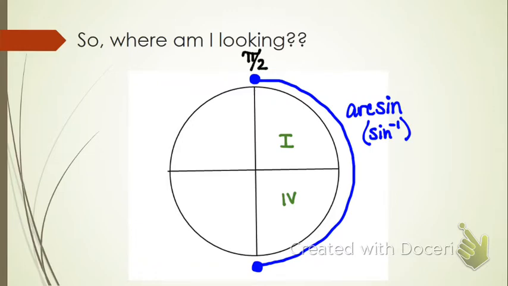Now I want you to think about how we talked about the arc sine. We said it went from what to pi over 2? From negative pi over 2 to pi over 2.